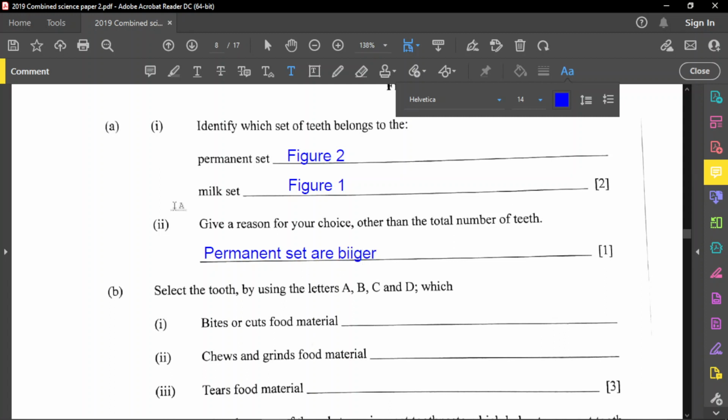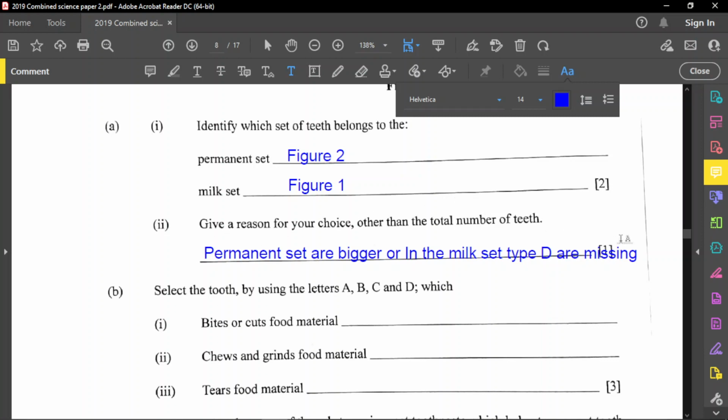And also, what is important again, you can put there that in the milk set, type D is missing. So type D teeth are actually missing.